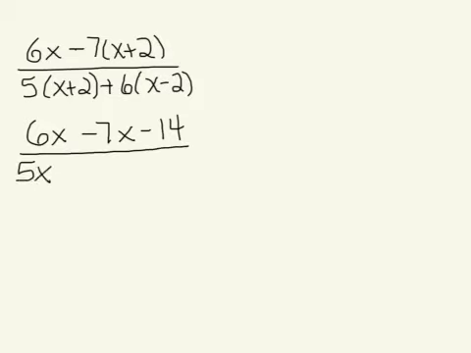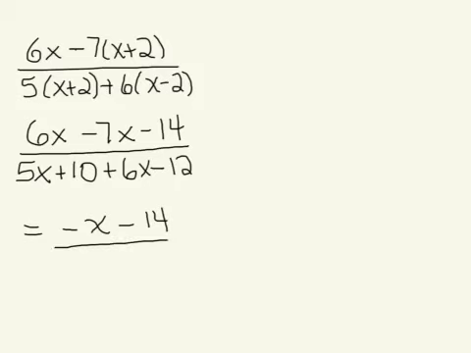So 5x plus 10 plus 6x minus 12. We can combine some like terms. In the numerator, 6x minus 7x is negative x minus 14. And then in the denominator, we have 11x minus 2.